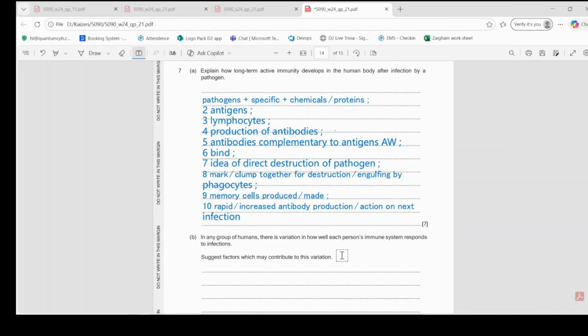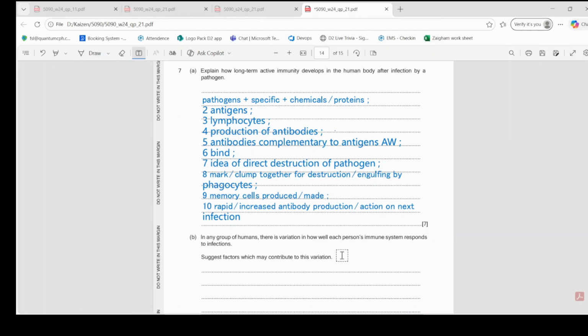Pathogens have antigens on them. Each pathogen has a specific antigen. What next? Lymphocytes recognize the antigens and produce antibodies which are complementary to antigens.